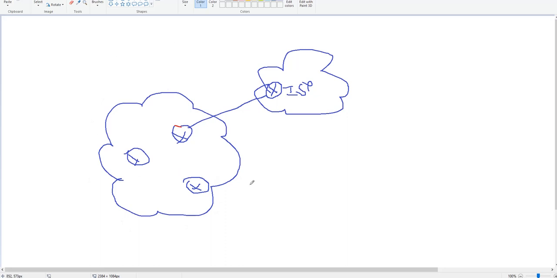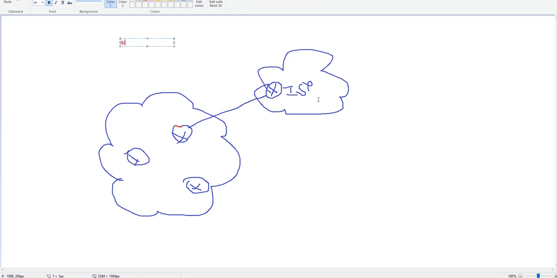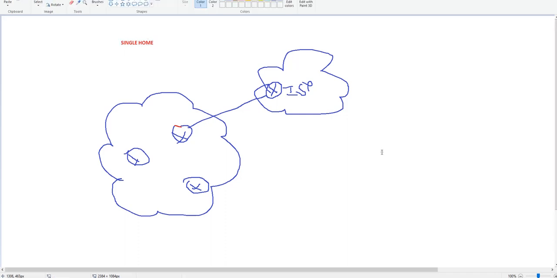In technical terms, it is called a single home network. That means it has one connection for exit and entry for this network.